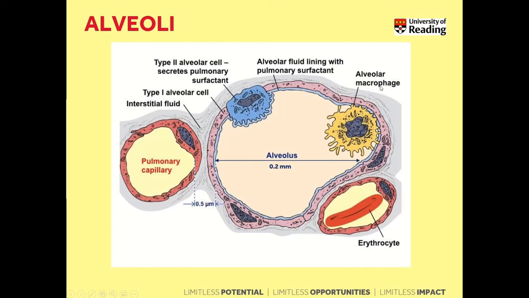And then you have alveolar macrophages, and the alveoli are embedded in a mesh of capillaries, as we will talk about in a second. And you can see in here pulmonary capillaries and erythrocytes located within the capillaries.